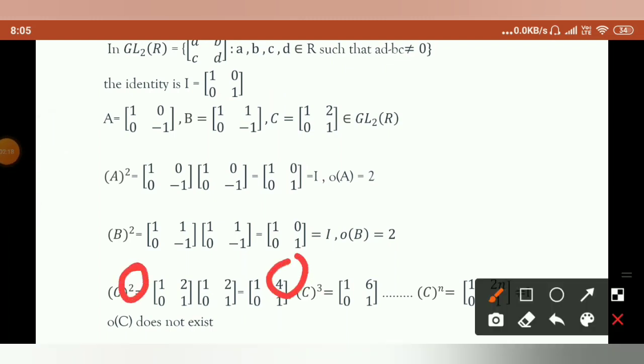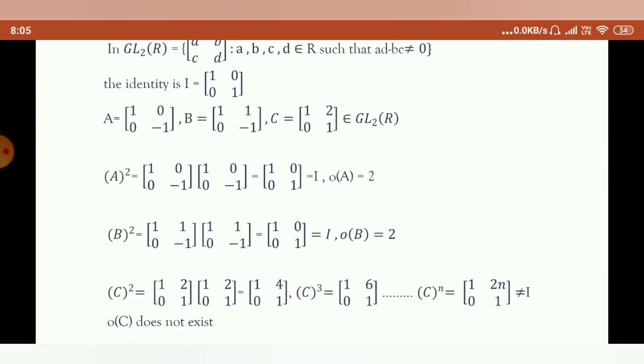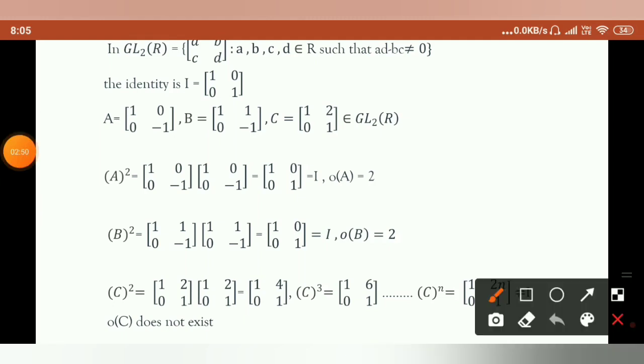This is square, here 4. If cube we get 6, and that means if we have multiplied it n times, c raised to power n will give us 1 n 0 1. So that is not going to be identity at any stage. When we multiply c with itself, it's not going to give us identity as the answer. Therefore this element c does not have finite order. The order of c does not exist, where the two elements have order but the third does not.